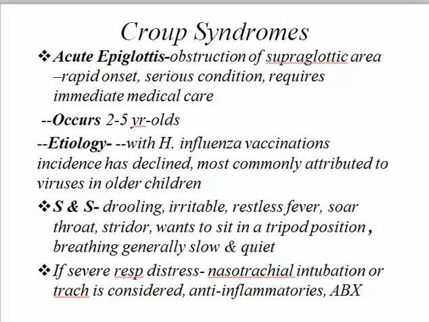The treatment would be, if the child is in severe respiratory distress, a nasotracheal tube or a tracheostomy would be considered. They would be placed on anti-inflammatory medications and started on antibiotics. Usually the symptoms will subside within 3 days.